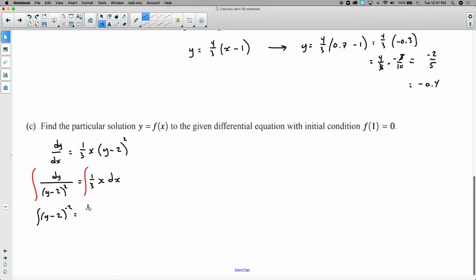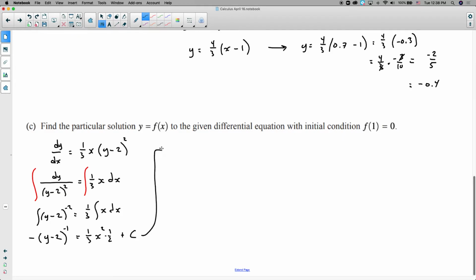And over here, I'll just do a little precursor work and pull out the constant. Okay, so reverse power rule, and that's now to the negative 1 power divided by negative 1. So there's that side. And then over here, 1/3 x squared divided by 2. So I'll write it like that, and then plus the constant.